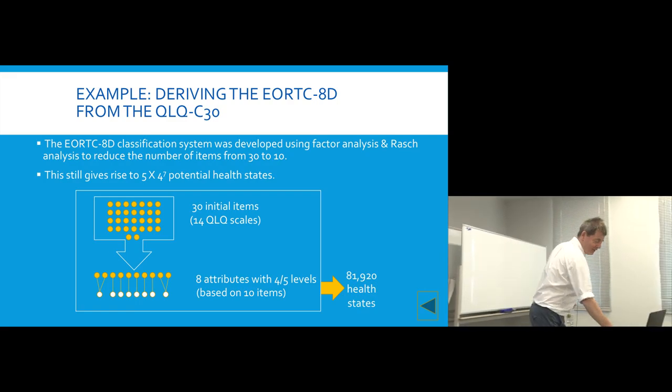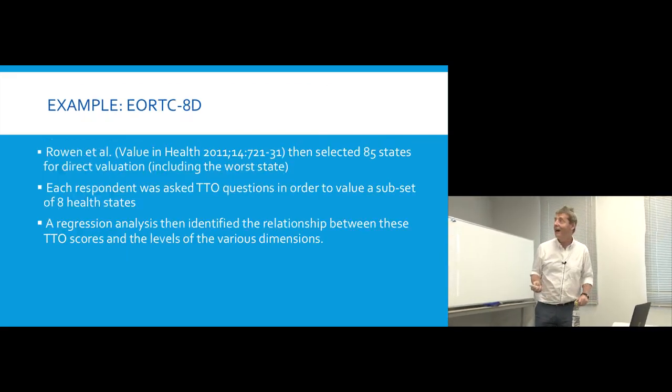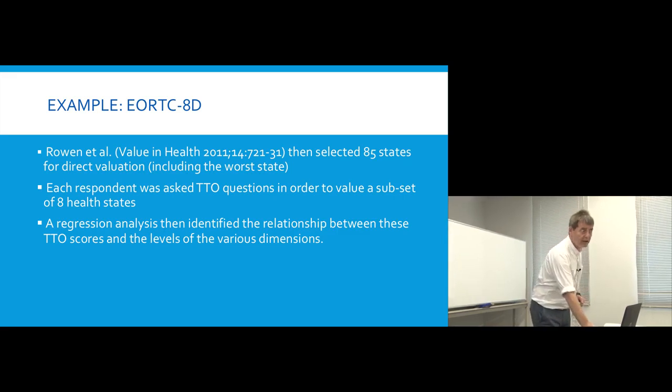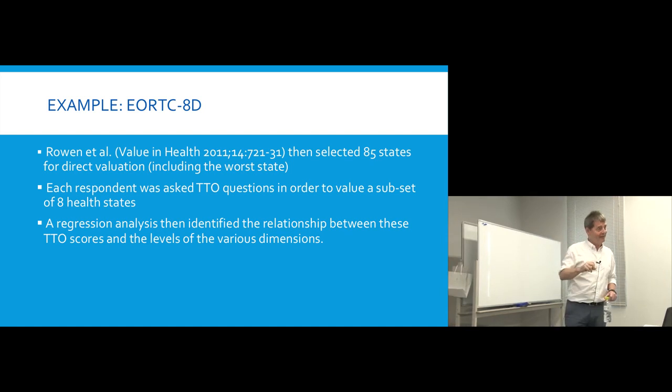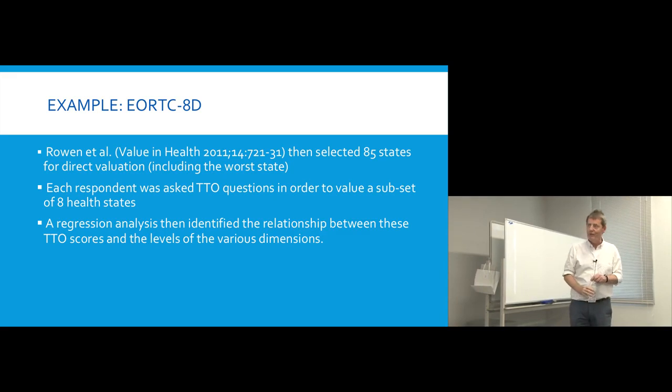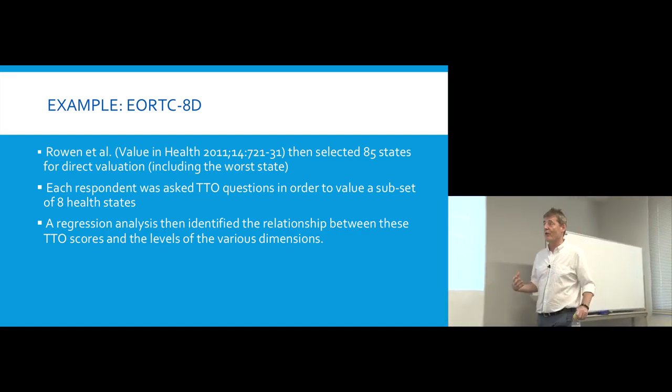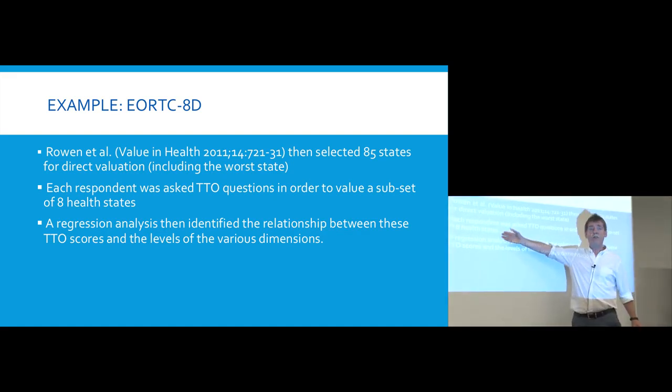They then have to value these health states, and the authors, Rowen et al., University of Sheffield in England, then selected 85 of these thousands of health states to value. And they asked a sample of respondents time trade-off questions, and they asked each respondent to value 8 health states.